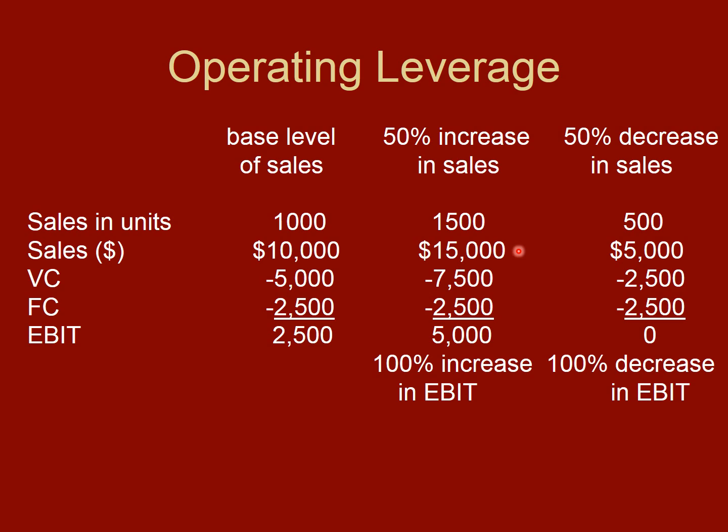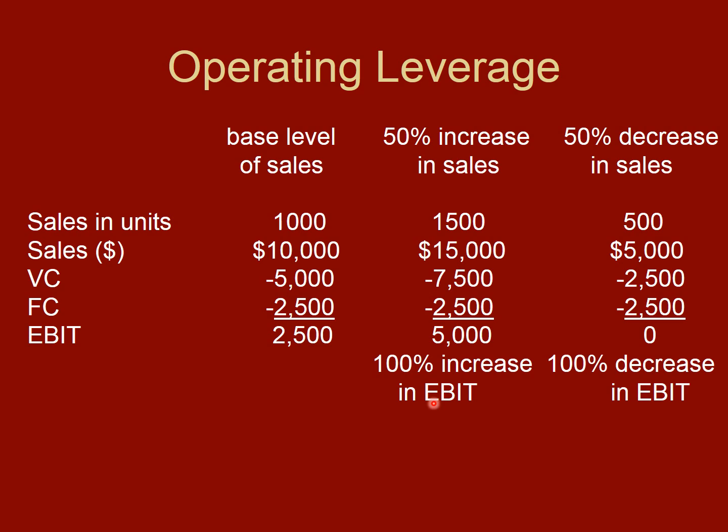Our variable costs will also go up by 50%, so rather than $5,000 in variable cost, we now have $7,500. Fixed cost, however, will remain exactly the same because it is fixed, so it doesn't change due to an increase in volume. When you go through and subtract, we find that our earnings before interest and taxes is $5,000. So note that a 50% increase in sales caused a 100% increase in our EBIT.